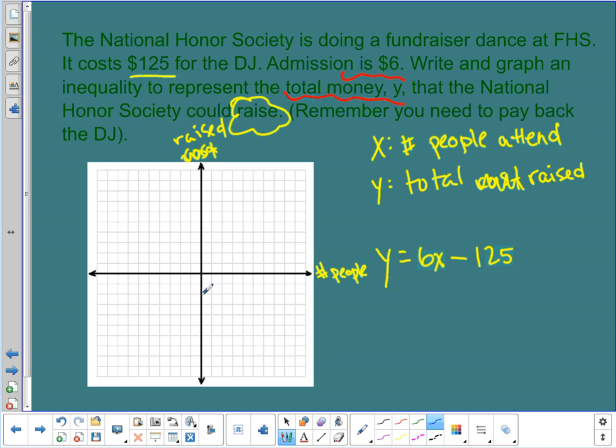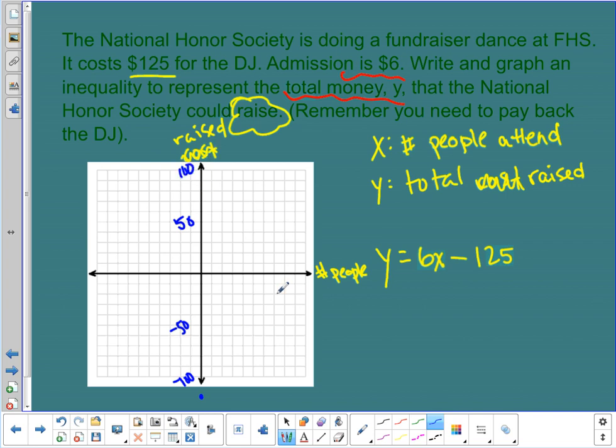So negative 10, 20, 30, 40, 50, 60, 70, 80, 90, 100, 120, 125. Woo! I'm way down here. 10, 20, 30, 40, we'll call that negative 50. Negative 60, 70, 80, 90, negative 100. If I go up, that's 10, 20, 30, 40, positive 50, 60, 70, 80, 90, 100.